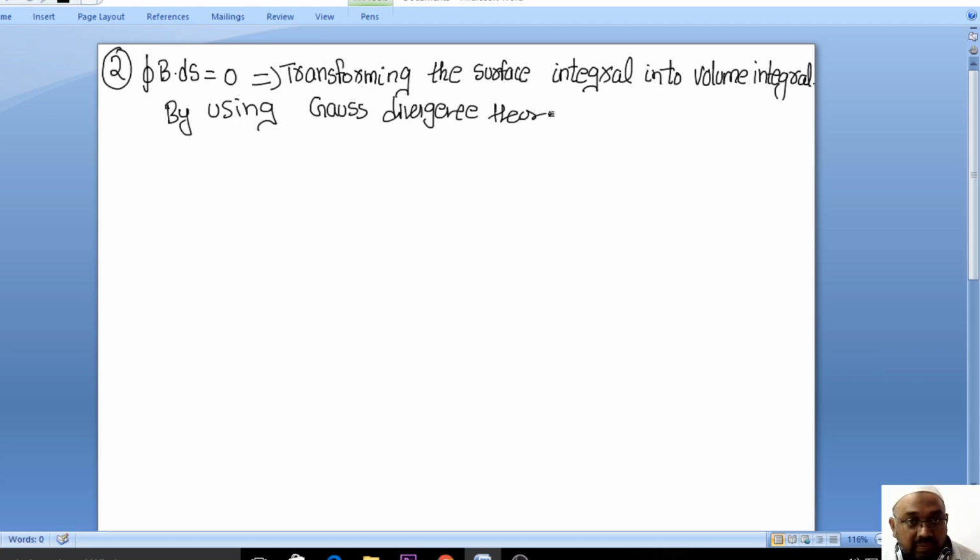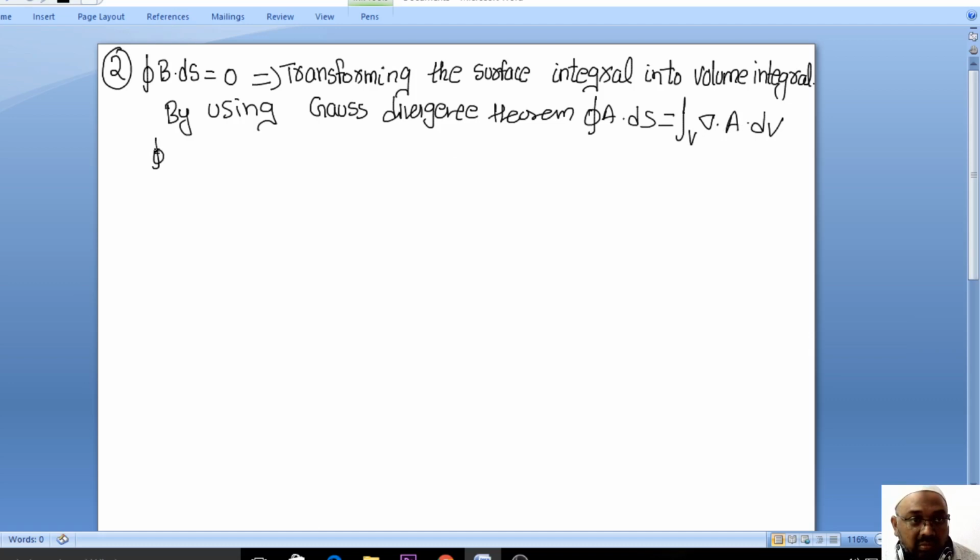What does the Gauss divergence theorem say? The surface integration of A dot dS can also be written as the volume integration of del dot A dV. In the same manner we convert it into the volume integration.